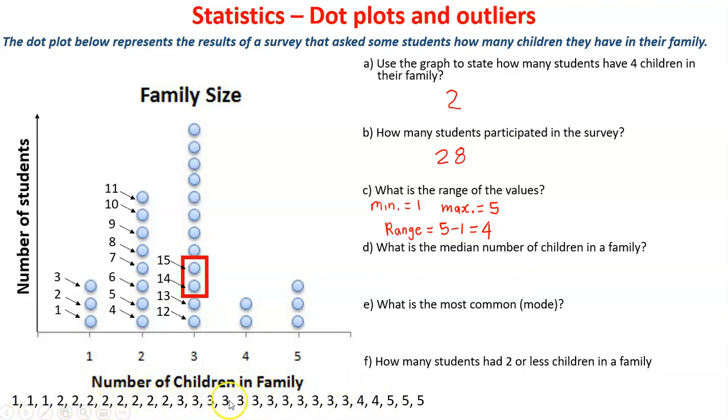If we had this information below and we had to find out our median, we would put it in order from smallest through to largest. And you can see that I've done that here. Now we already know from question B that there are 28 students, which means that we have 28 values down here. Now to work out the median is the middle number.